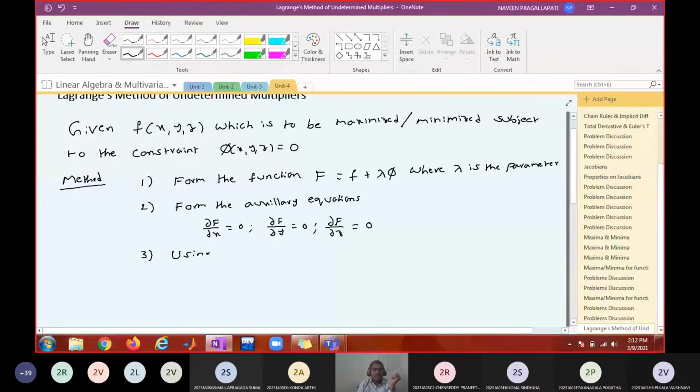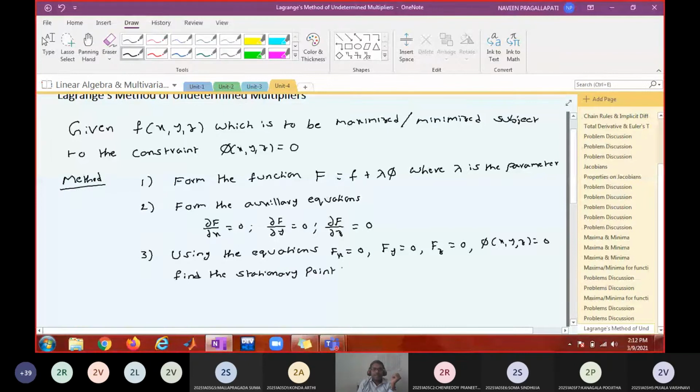So using these equations, dou F by dou z equal to 0 and phi of x, y, z equal to 0, find these stationary points. There may be one stationary point, there may be 2 or more stationary points.